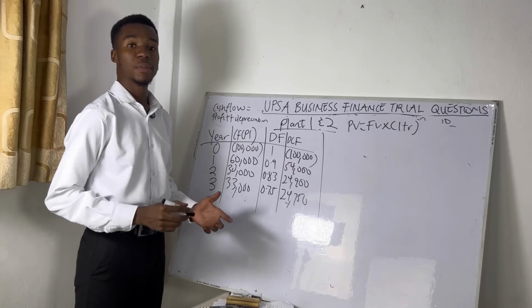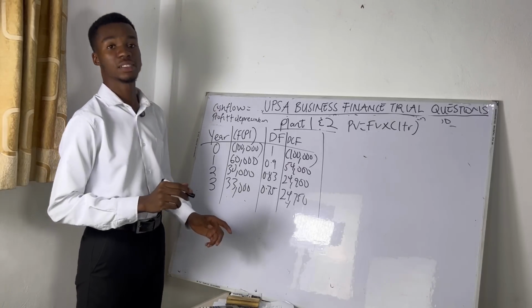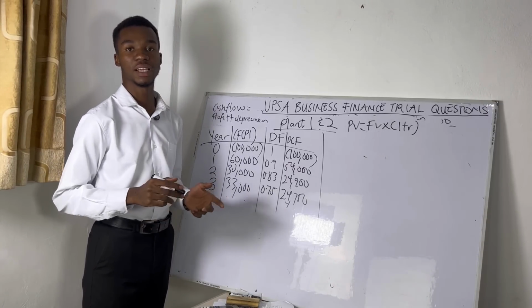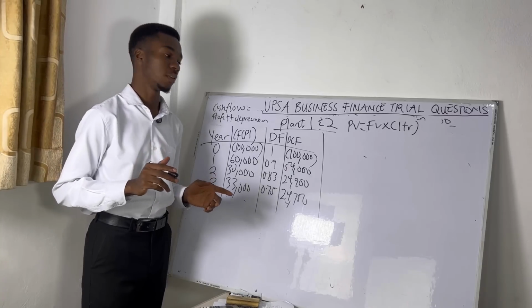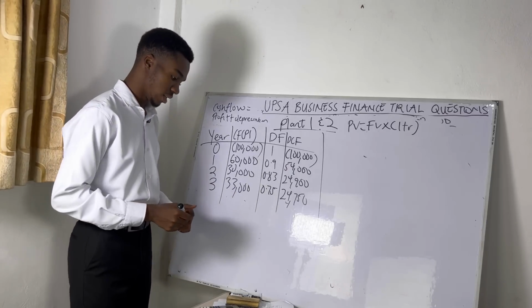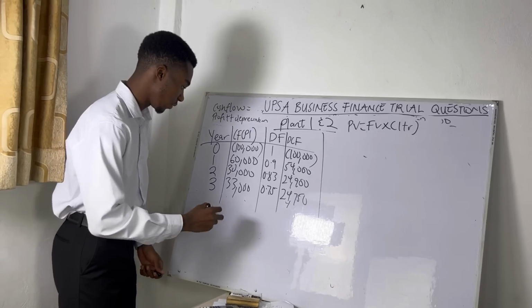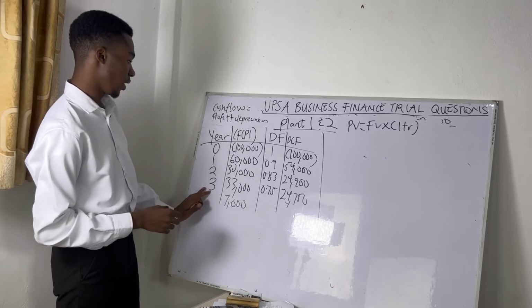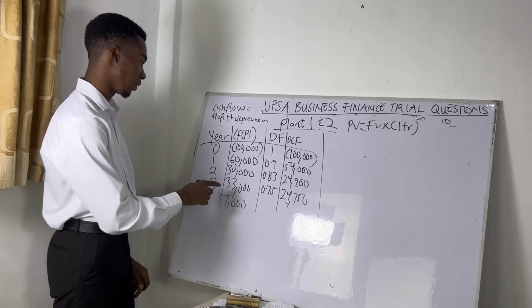And mind you, this particular question, they give us a residual value. I said the residual value is the value you are getting at the end of its useful life. So at the end of year 3, the value that you are getting, and that one is 7,000. So you just put it under year 3, 7,000.